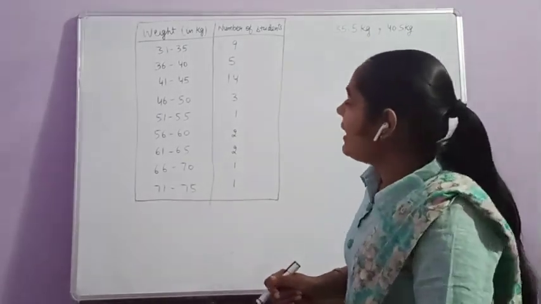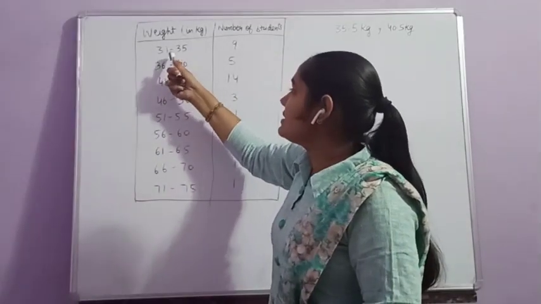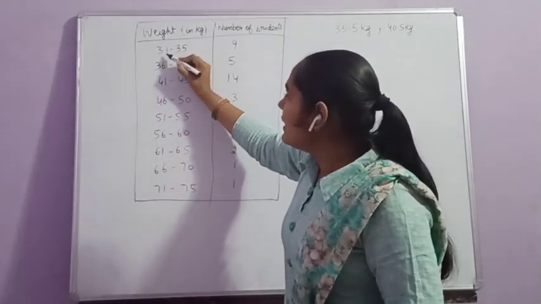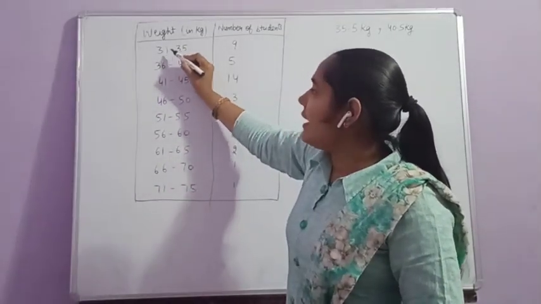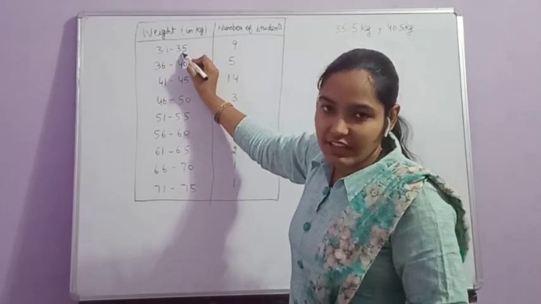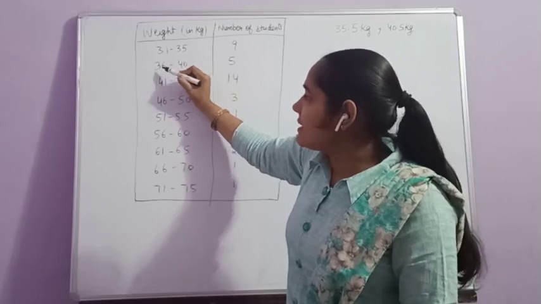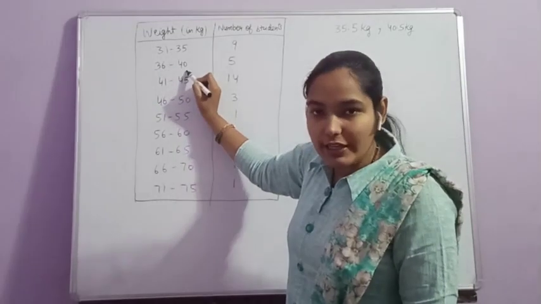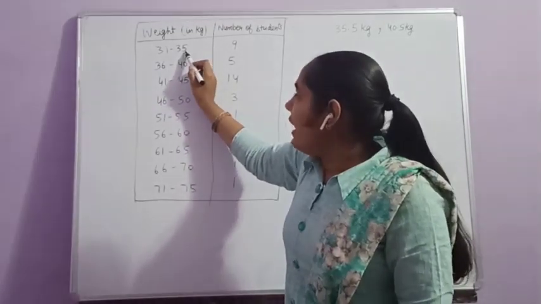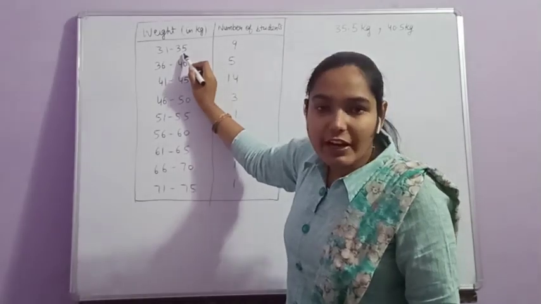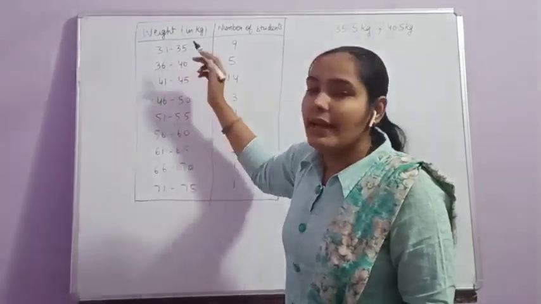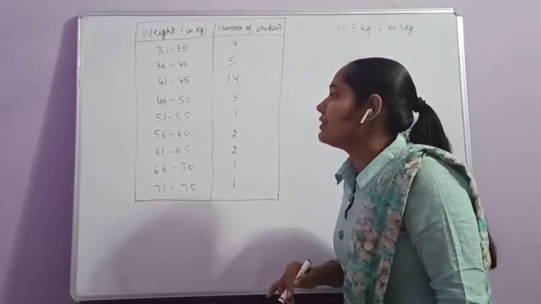Here we can see that class interval is not continuous. Here lower limit is 31 and upper limit is 35. But in next interval, lower limit is 36 and upper limit is 40. Here the student having weight 35.5 cannot lie in any class out of these.